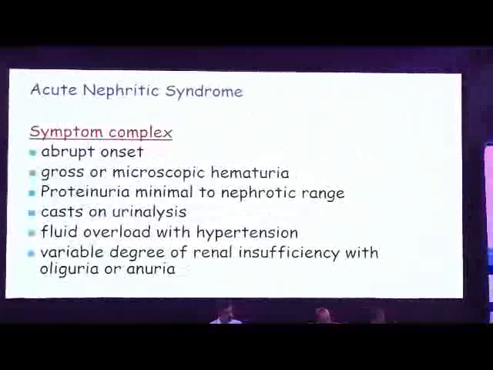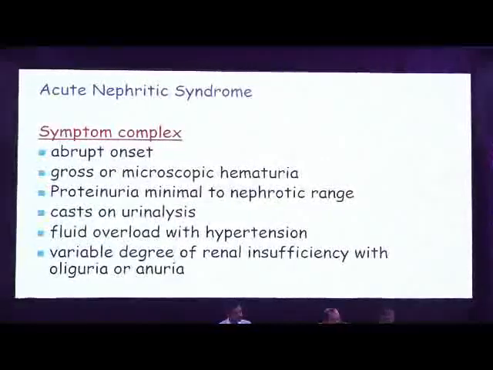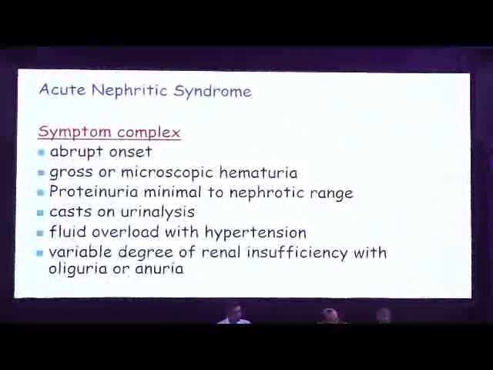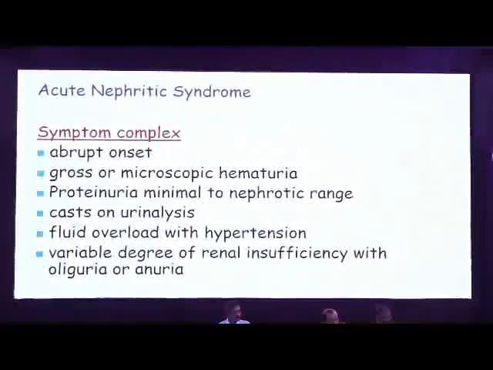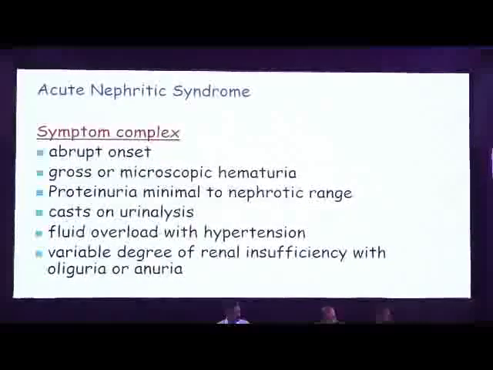So what is a nephritic syndrome? As we are aware, there are PGs here, and we need to differentiate nephrotic from nephritic syndrome. Now what is nephritic syndrome? It's defined as an abrupt onset of hematuria, which can be gross or microscopic, with proteinuria, with casts on the urine examination, with hypertension.